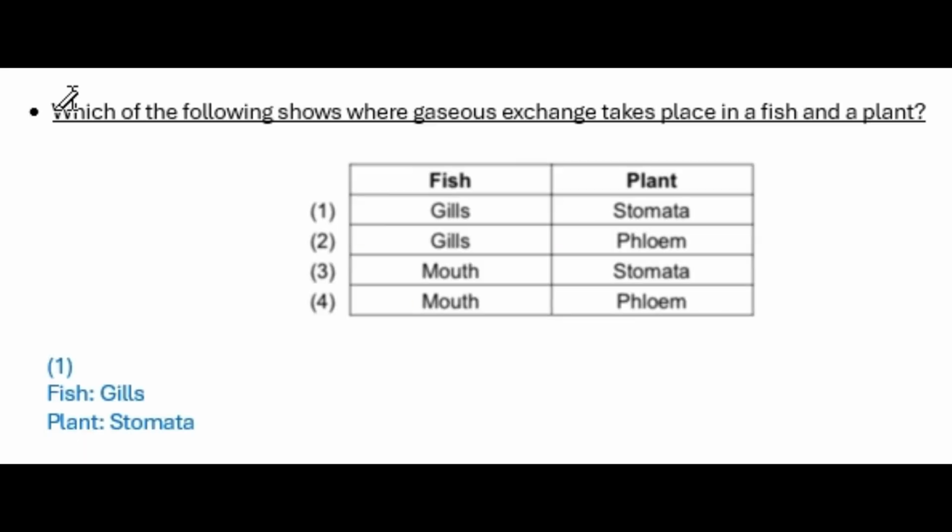Which of the following shows where gaseous exchange takes place in a fish and a plant? 1. Fish, gills. Plant, stomata.